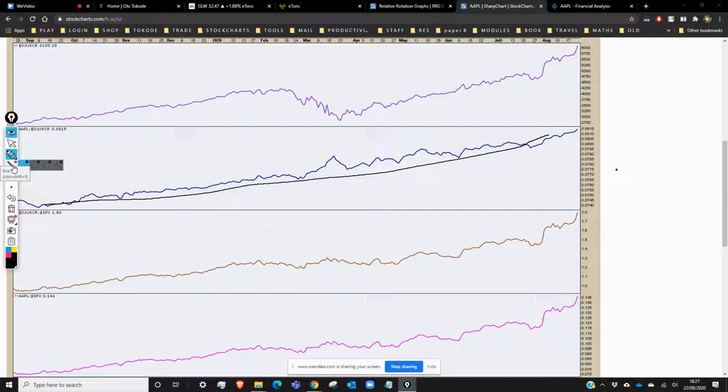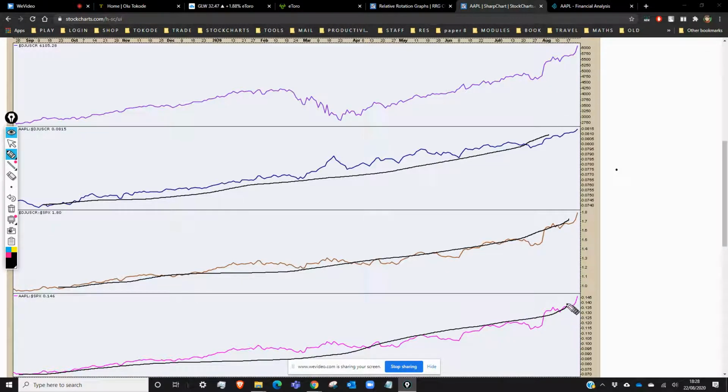Now, how well is that industry doing relative to the S&P? Outperforming. How is Apple performing relative to the S&P? It always outperforms. So I definitely want to buy Apple.